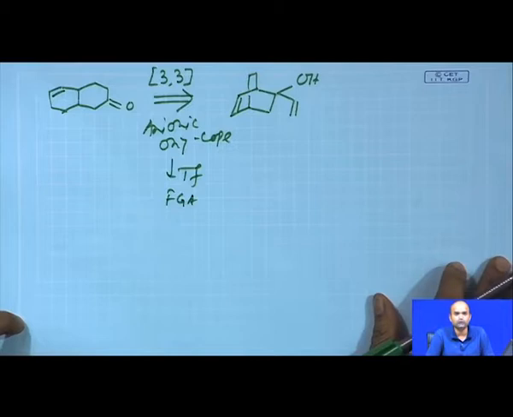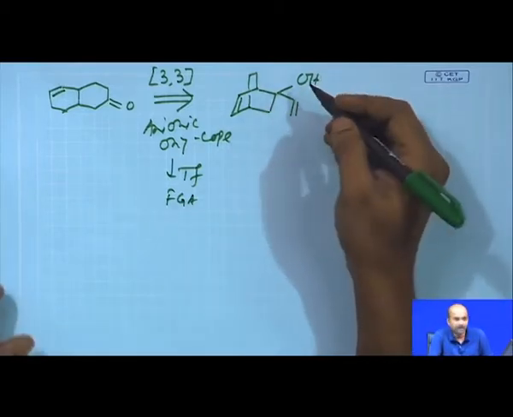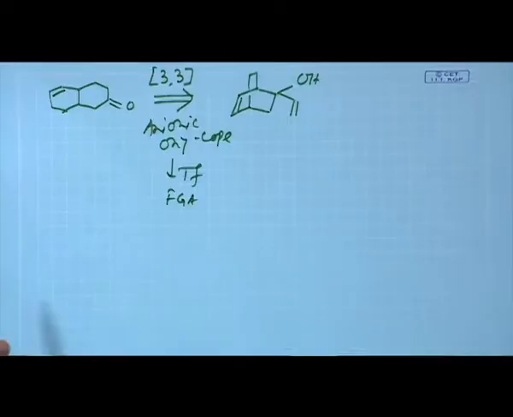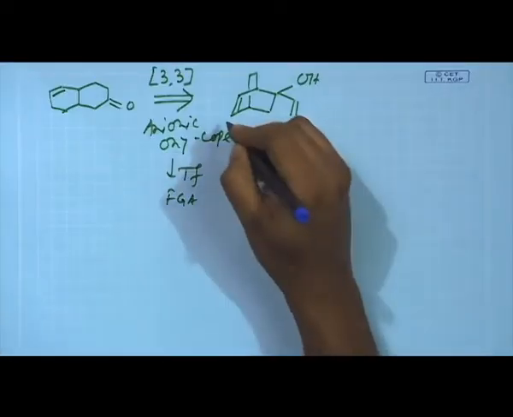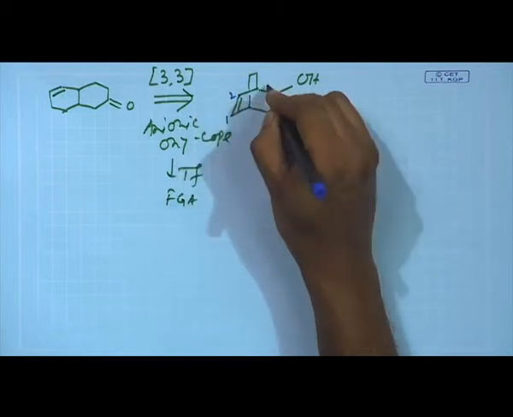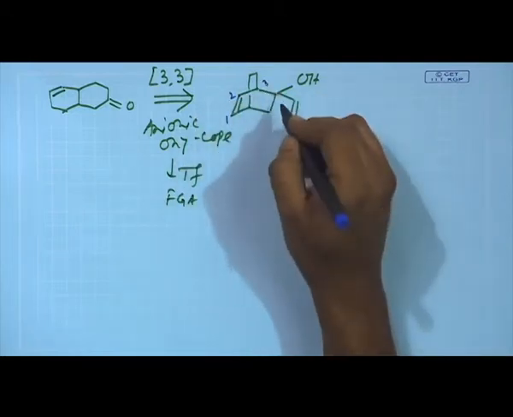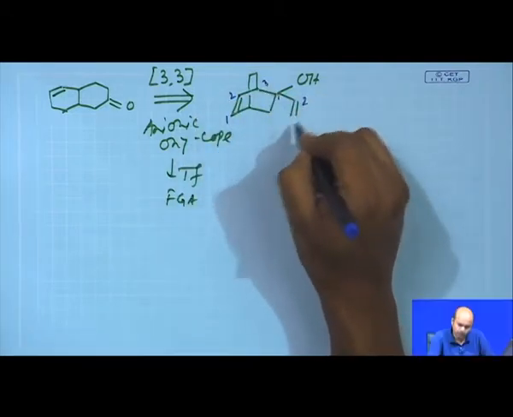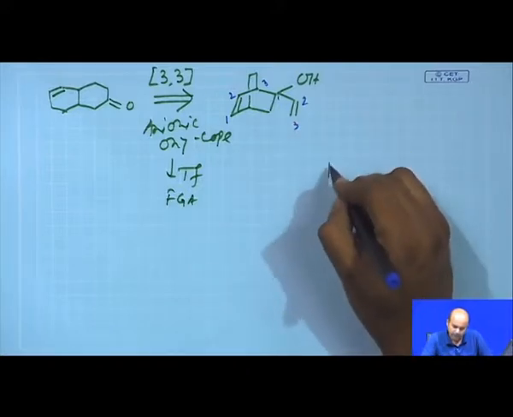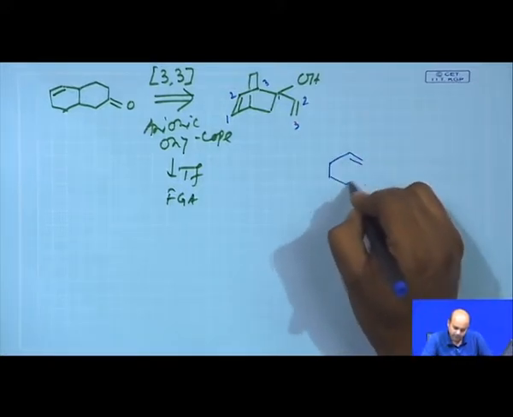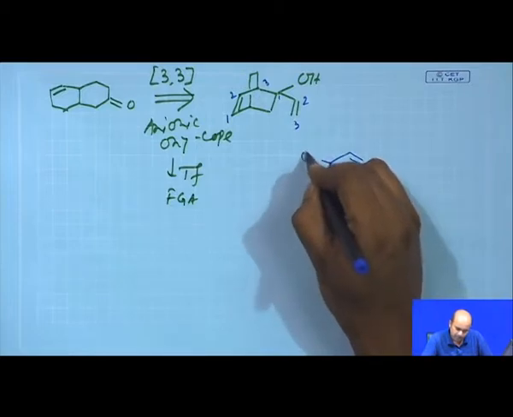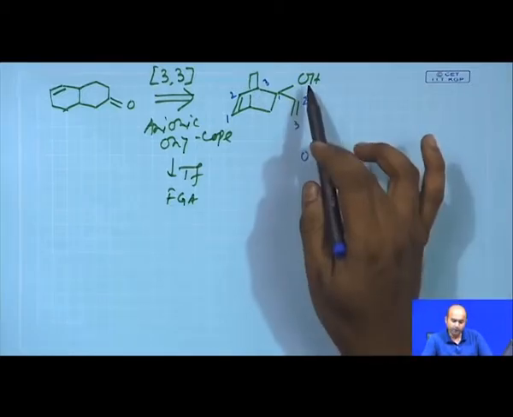Now, what is anionic oxy-Cope rearrangement? It is a 3,3 sigmatropic rearrangement. You try to find it out in the network, it is a 1, it is a 2, it is a 3, it is a 1, it is a 2, it is a 3. So, anionic oxy-Cope rearrangement is something like this, where you have an O minus, you need to use a base.